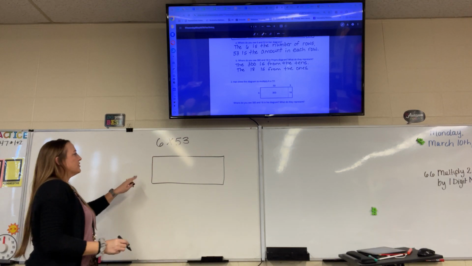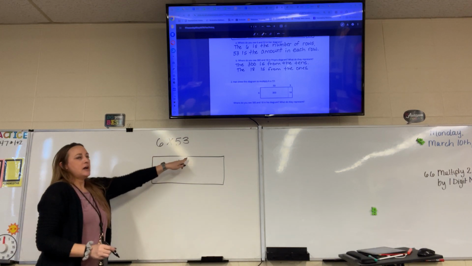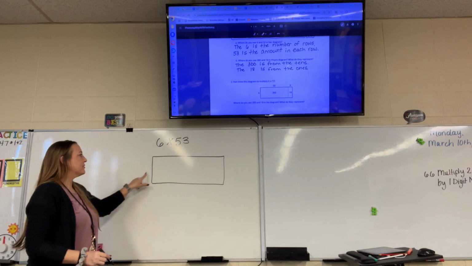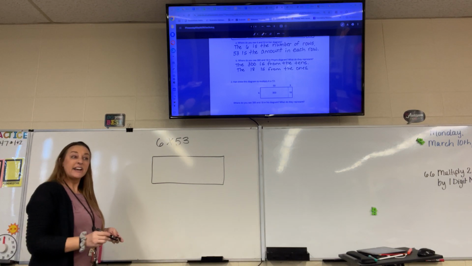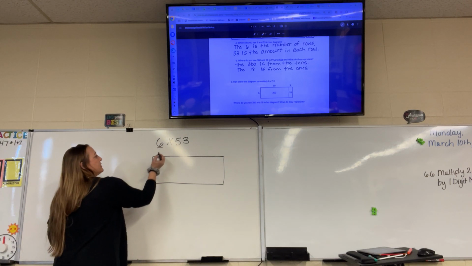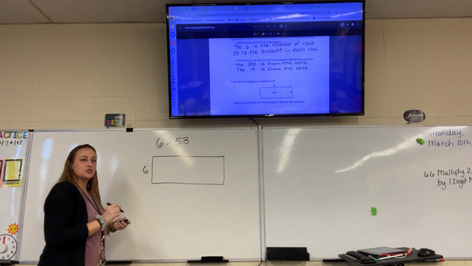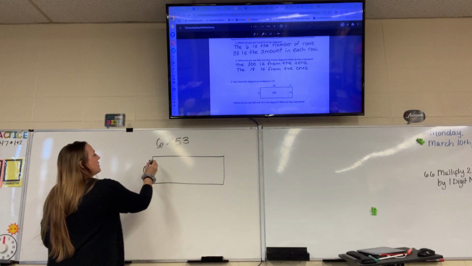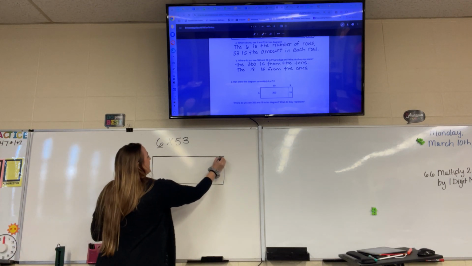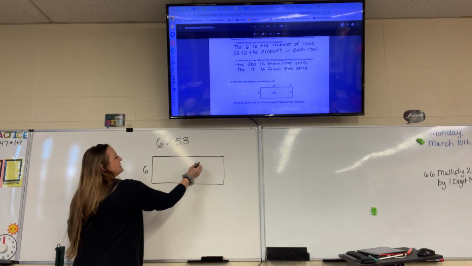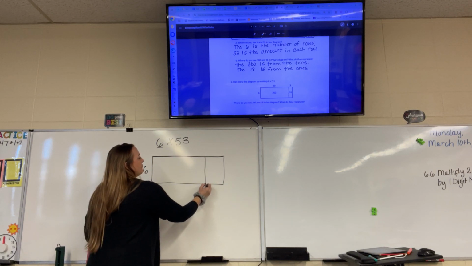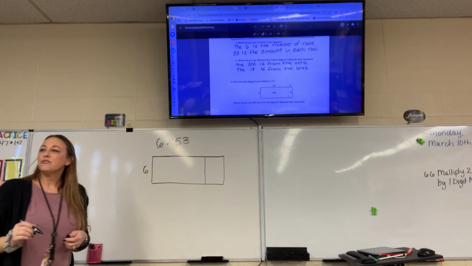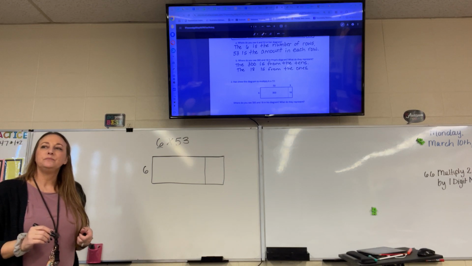Which is the shorter side? This side or the top? The side. The side's shorter, right? So he put this shorter number on the shorter side. And then on the top, he put 53, but he split it into expanded form. So what's 53 in expanded form?